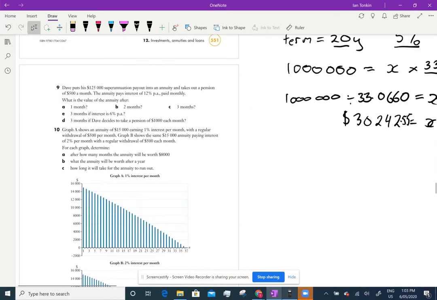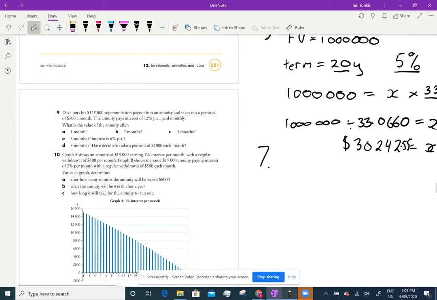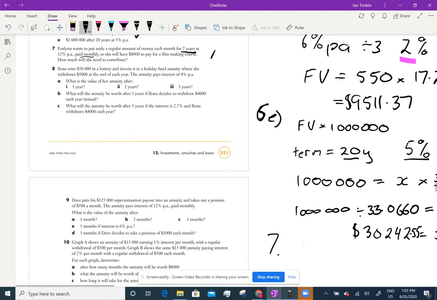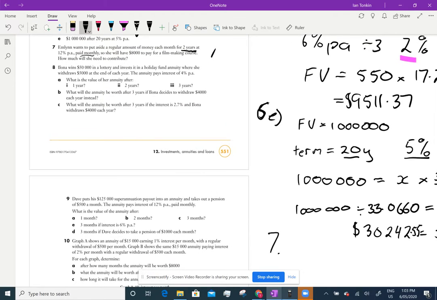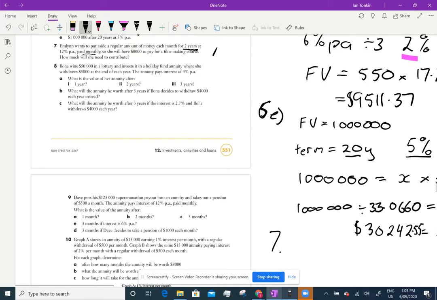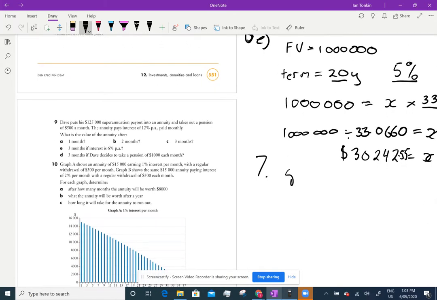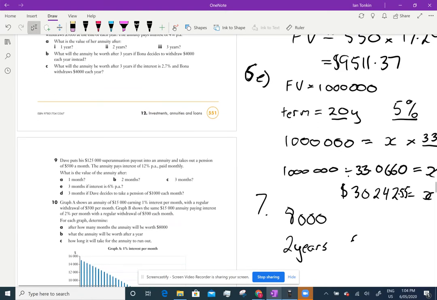All right, so question 7, what does she want to have? 8,000, 2 years, 12%.